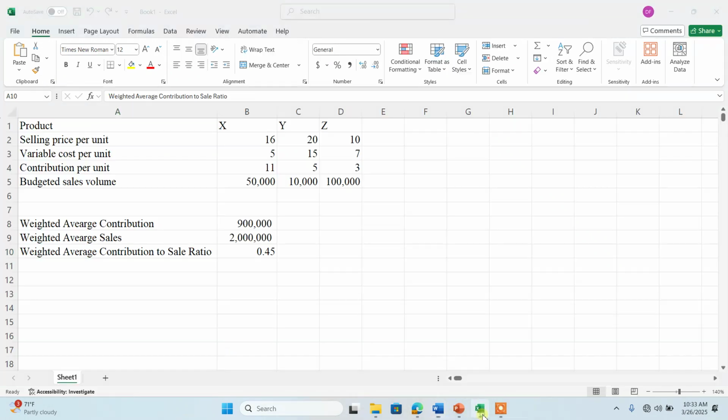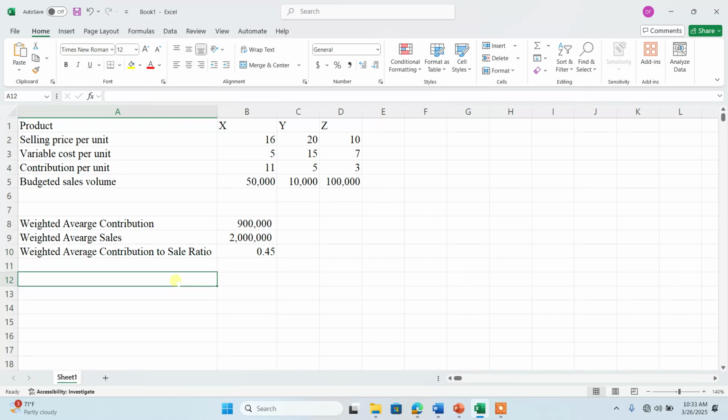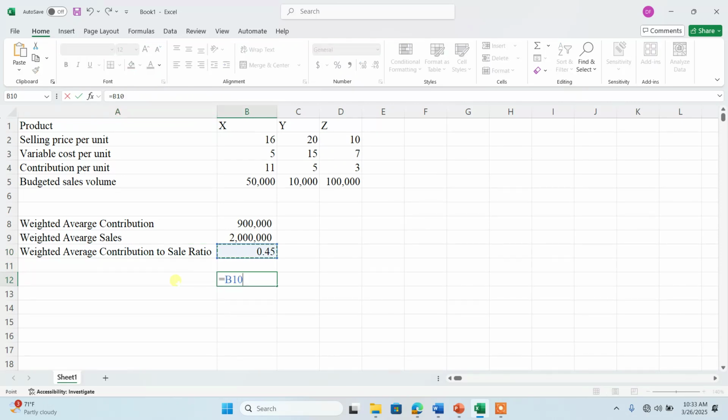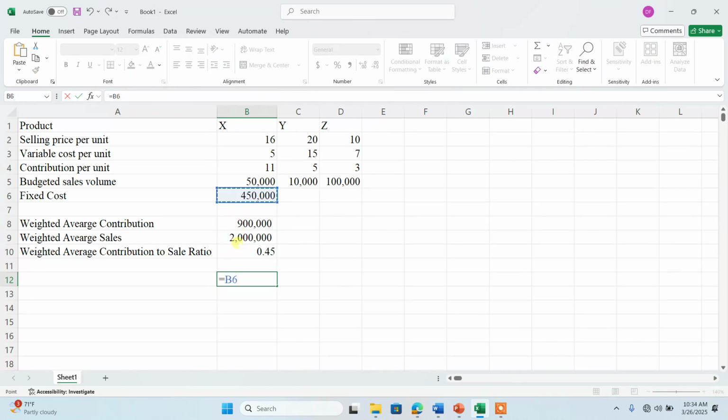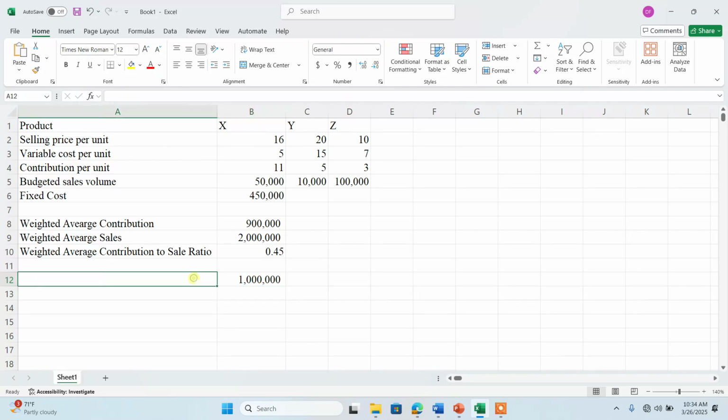So requirement 2 is to calculate the break-even. The fixed cost is 450,000, so 450,000 divided by the contribution ratio gives 1 million.